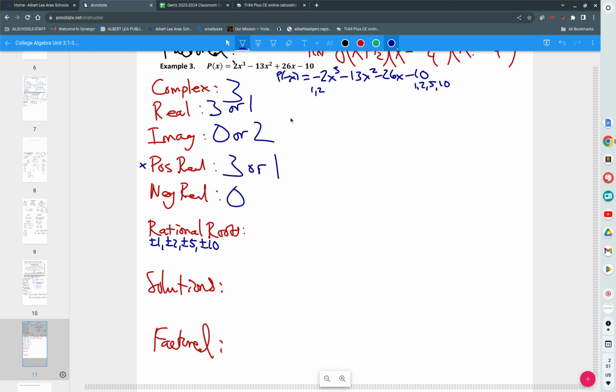But then if we move on to the 2, I get 1 over 2, so plus or minus 1/2. 2 over 2 is plus or minus 1, I've already got that. 5 over 2, so plus or minus 5/2. And finally, 10 over 2 is plus or minus 5. I've already got that listed.